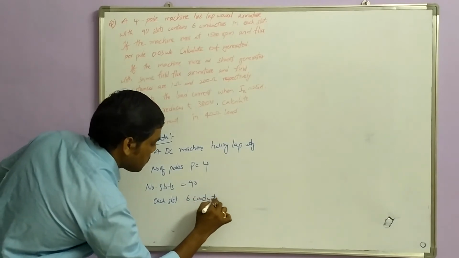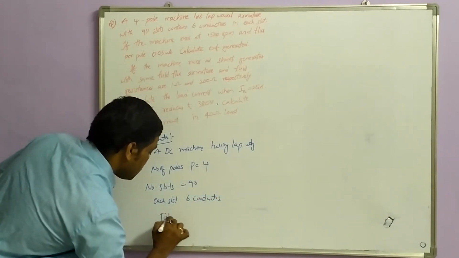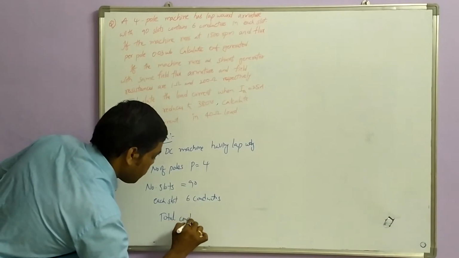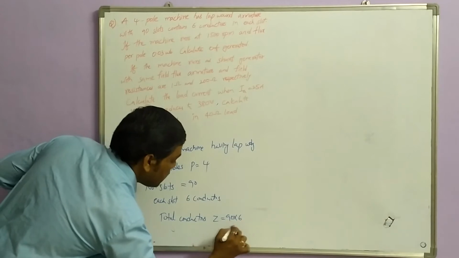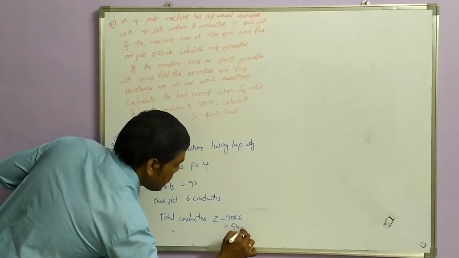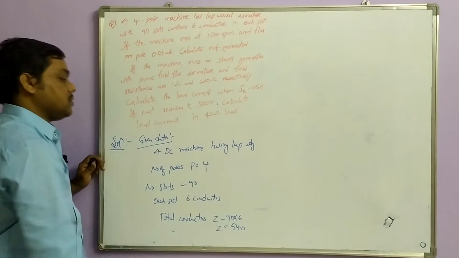So the total conductors Z is equal to 90 into 6, which is 540 conductors.